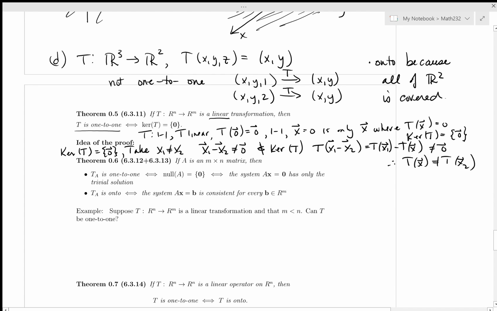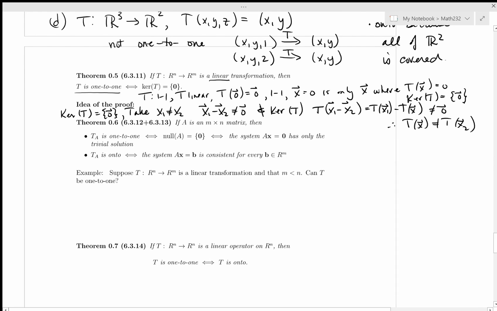Okay, so there's that. We're building to getting a couple more lines on our unifying theorem. So here now let us take a look when we're considering our transformation captured in an m by n matrix.